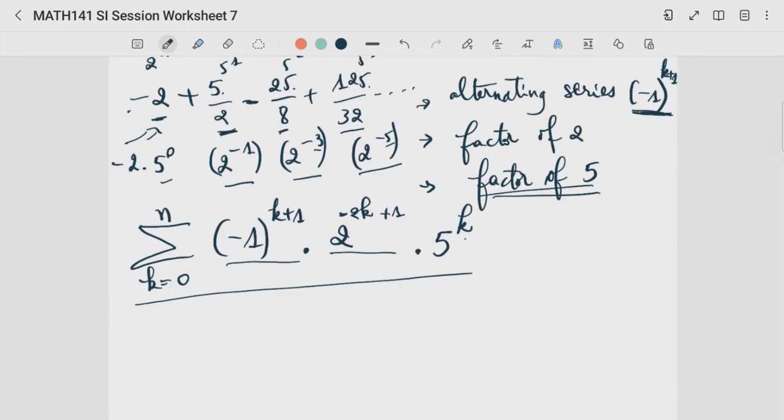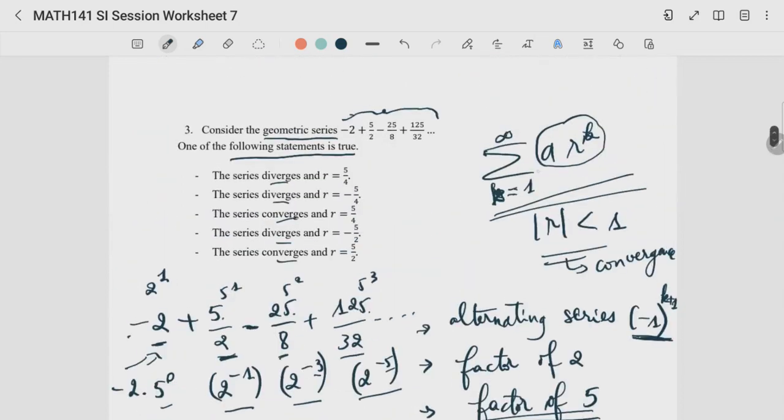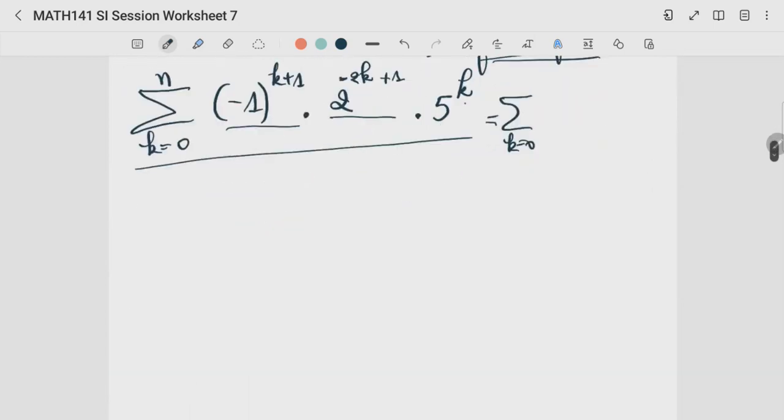Okay, so if we had to rewrite this in a more general, better looking form, k is equal to 0, because remember we have to rewrite it into the general form of a geometric series, so we are able to find what's the value of r, so we can check the convergence of the series.